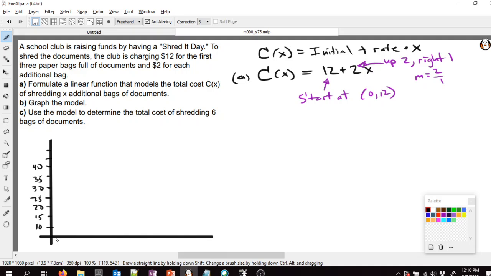We're going to start at 0, and then we're going to go 1, 2, 3, 4, 5, 6, 7, 8, 9, 10, 11, 12. So 2, 4, 6, 8, 10, 12.